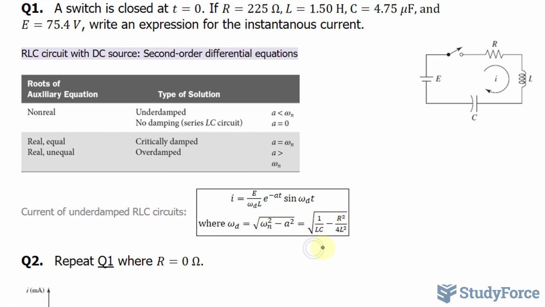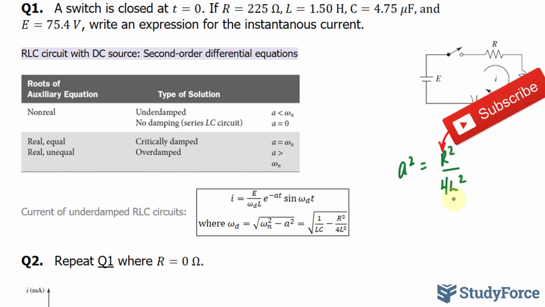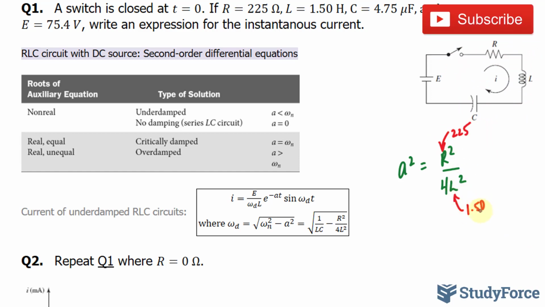According to this formula right here, A squared is equal to R squared over 4 times L squared. So we can find A by substituting our R value, which is 225 ohms, and 1.50 henries into here. Also keep in mind that over here A is squared, so if I square root both sides, I'll end up with simply R, and this becomes a 2, and this becomes 1.